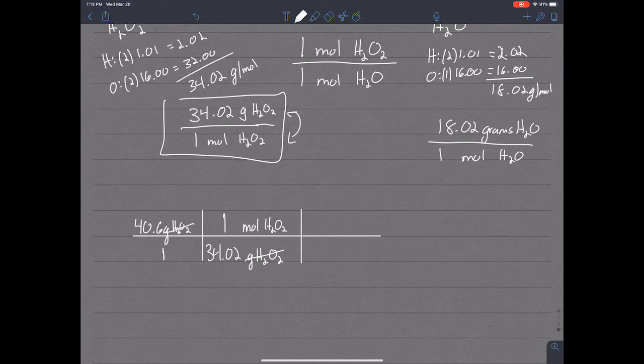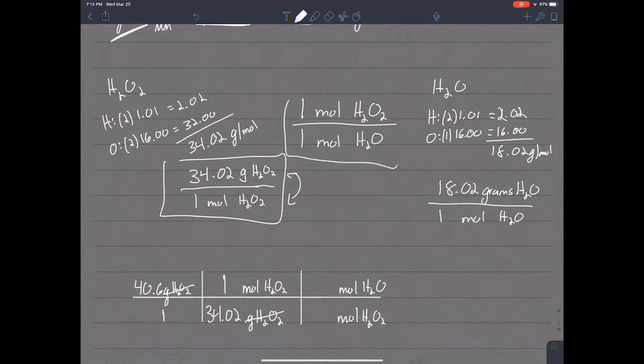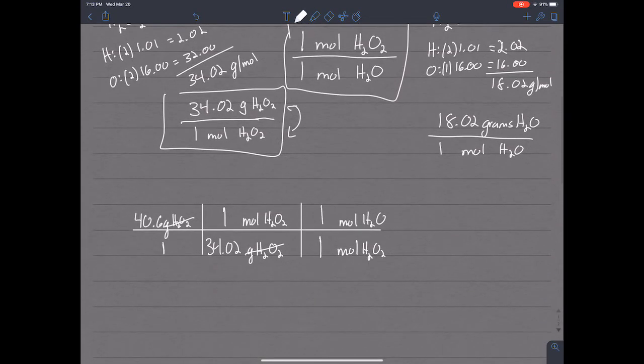Now we want to cancel out moles of H2O2, so that goes down here. And we want to go into moles of water, so that goes here. And that's our conversion factor right here: 1 mole to 1 mole. All right, that's our second conversion factor. And through that, we're going to cancel moles of hydrogen peroxide.